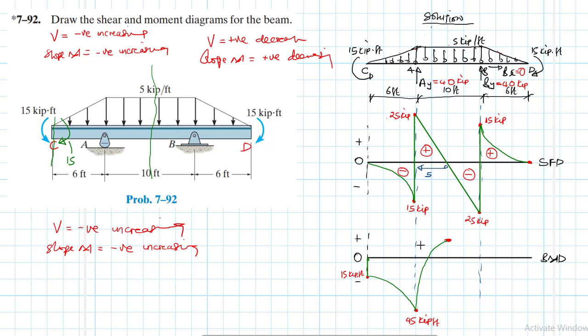We said this value is 17.5 cubic feet, right? 45 minus 62.5, right? 17.5. Right, so it's negative and increasing.